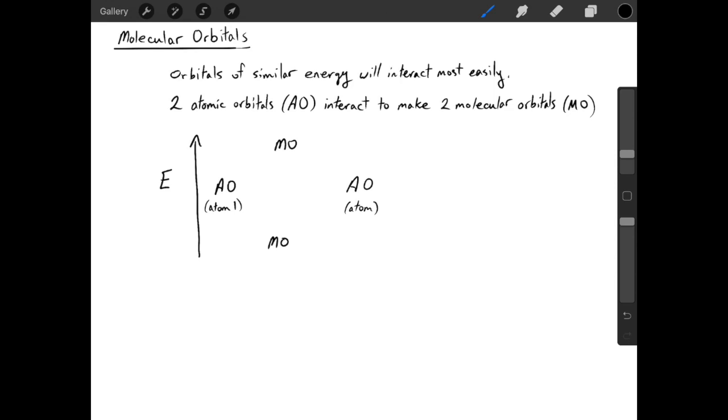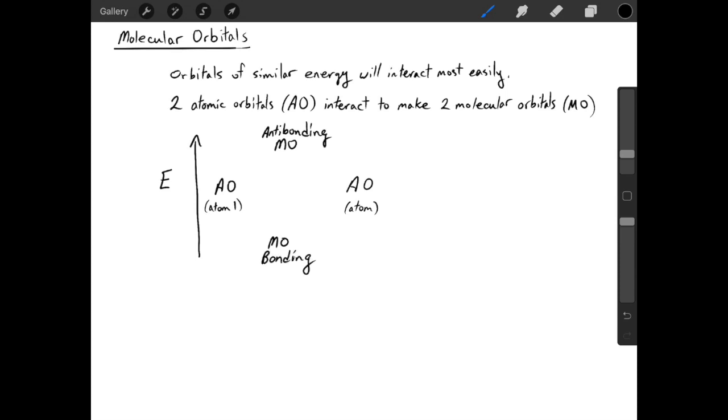And when wave functions interact with one another, they behave just like any other wave, in the sense that you can have constructive overlap or interference and destructive overlap or interference. And the destructive overlap produces a higher energy antibonding orbital, while the constructive overlap results in a lower energy bonding orbital.